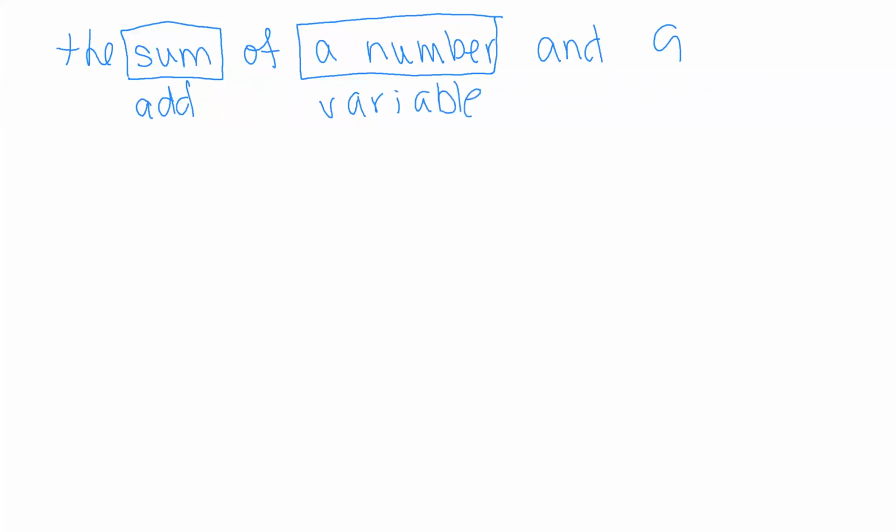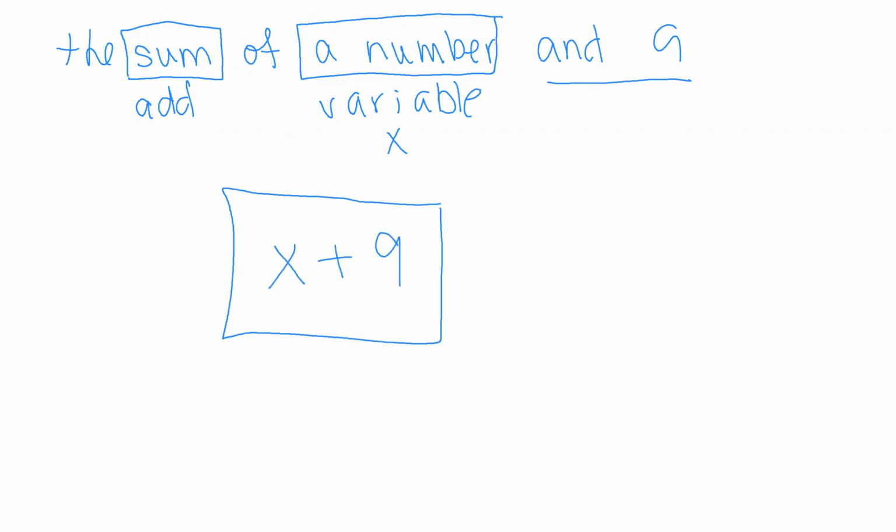So we're looking for the sum of some number, which is going to be our variable, we'll call it x, and 9. So I basically want to take x and I want to add 9. This right here, x plus 9, is the sum of a number, x, and 9. Let's try another one.